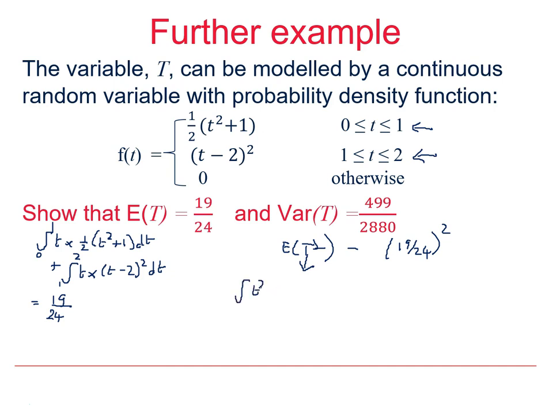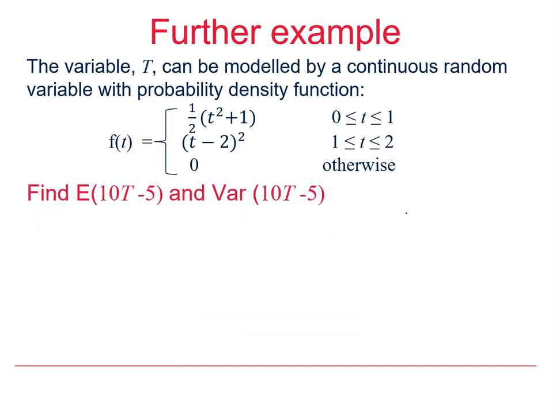The integral of t squared multiplied by the relevant PDF between 0 and 1, and adding on to that the other part of E of t squared, which is between 1 and 2, which would be t squared multiplied by (t minus 2) squared dt. And remember, you need to work that out and then subtract the 19 over 24 squared, and hopefully you can verify that that indeed is the variance.